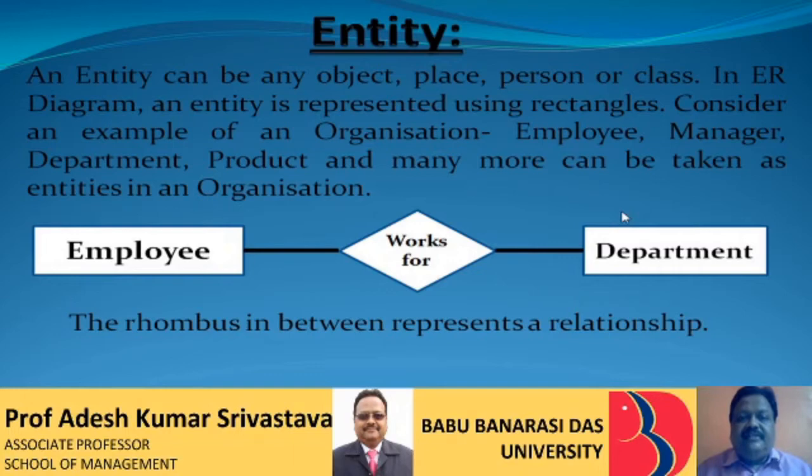Here is a simple ER diagram, which represents the relationship between employee and department. Here, one entity is employee and another entity is department, and the relationship is works for, meaning the employee works for the department. So the rhombus in between represents a relationship. We call it a diamond also. I hope by this simple figure, the ER diagram has taken shape in your mind.